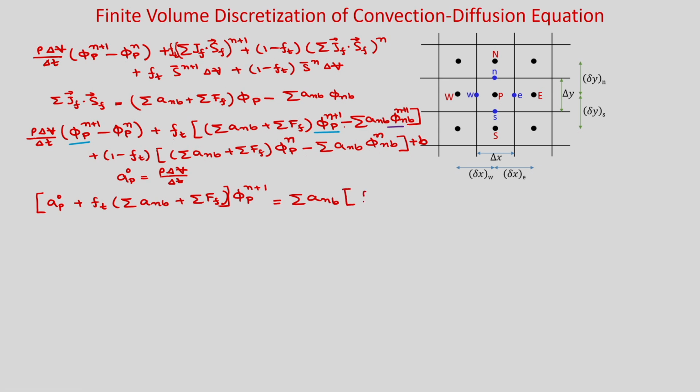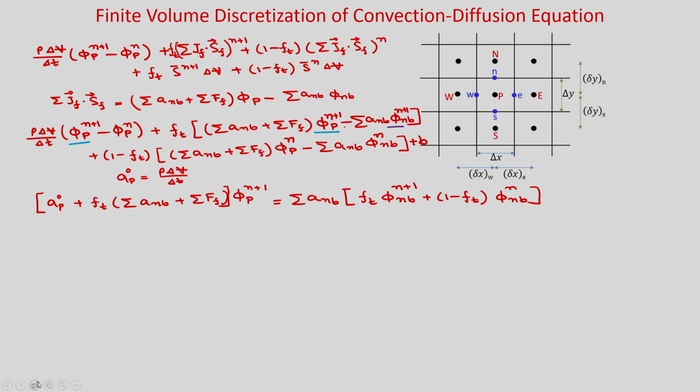So, it will be f t summation, summation already we have taken, so f t phi n b at n plus 1, and this term if you take, it will be plus 1 minus f t, so this we are taking in the right hand side. So, it will be phi n b at n.